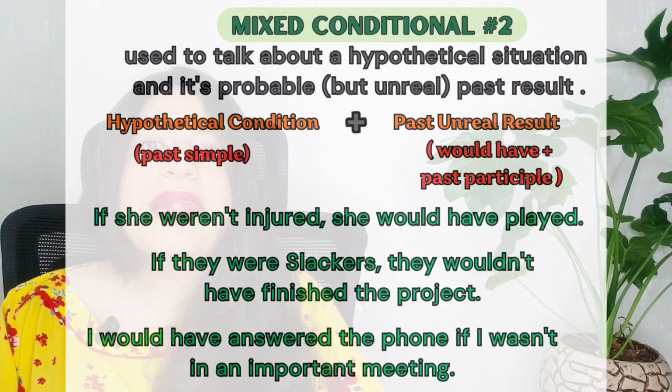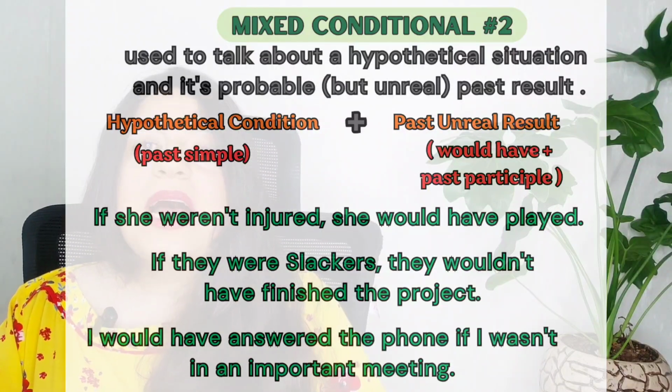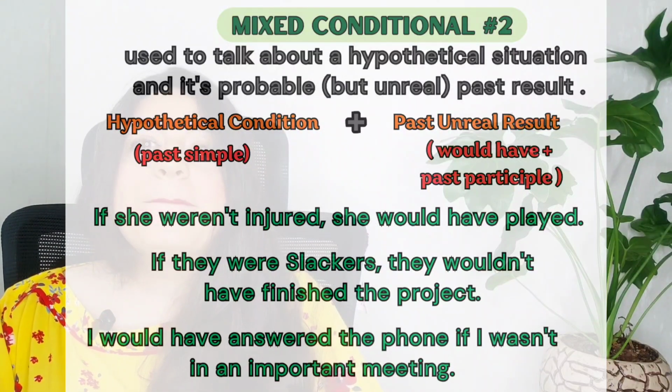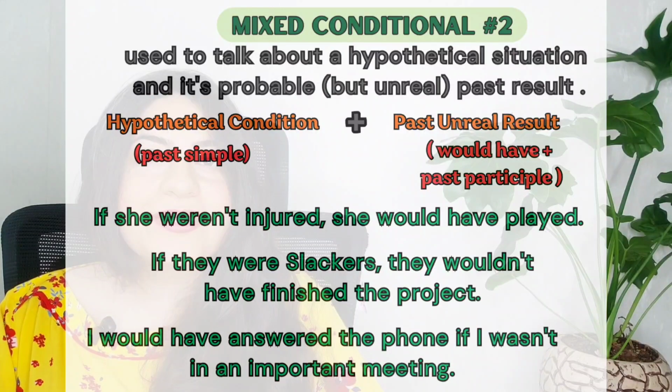Slacker is an informal noun referring to a lazy person. Once again, hypothetical condition, past unreal result. And if I take the result and put it before the condition, in that case, I could say, I would have answered the phone if I wasn't in an important meeting.